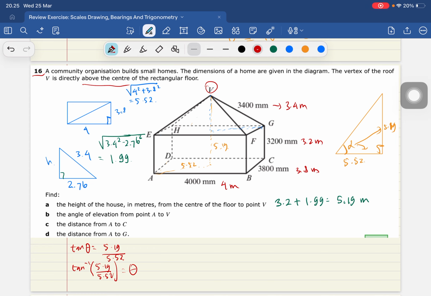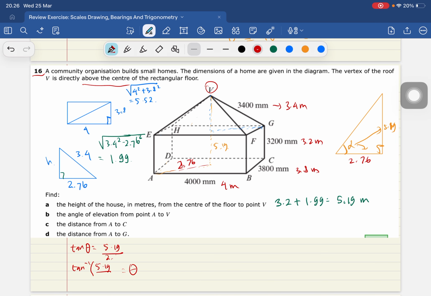Apologize, it's not 5.52, as that is the diagonal. Here it has to be 2.76, a half of the diagonal. So here is going to be 2.76, and we can just edit.